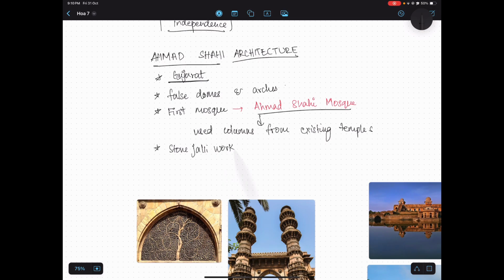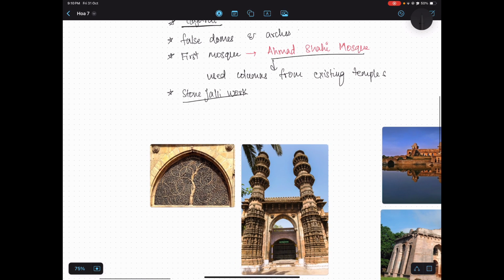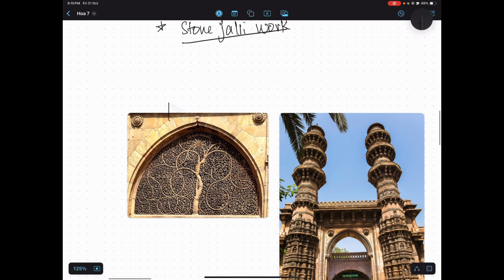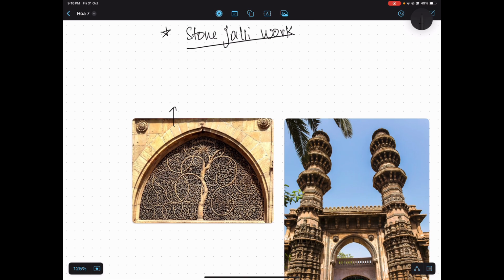So this is an example of stone jali work with the tree and its motifs going around, and this stone jali work is called Shigrafkari work.